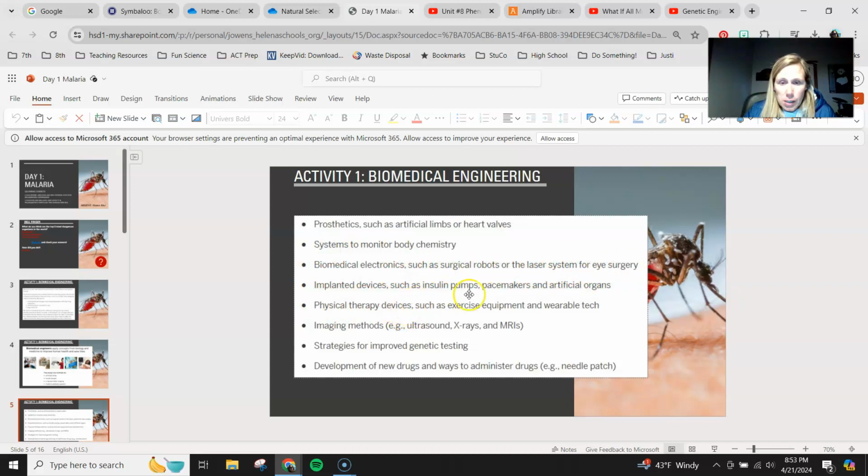Implanted devices such as insulin pumps, pacemakers, and artificial organs. So a pacemaker causes your heart to beat if your heart is failing to beat on its own. Physical therapy devices such as exercise equipment and wearable technology. Imaging methods, so ultrasound, x-ray, MRIs, strategies for improved genetic testing, and development of new drugs and ways to administer those drugs, whether you're using a needle or a patch or something like that.